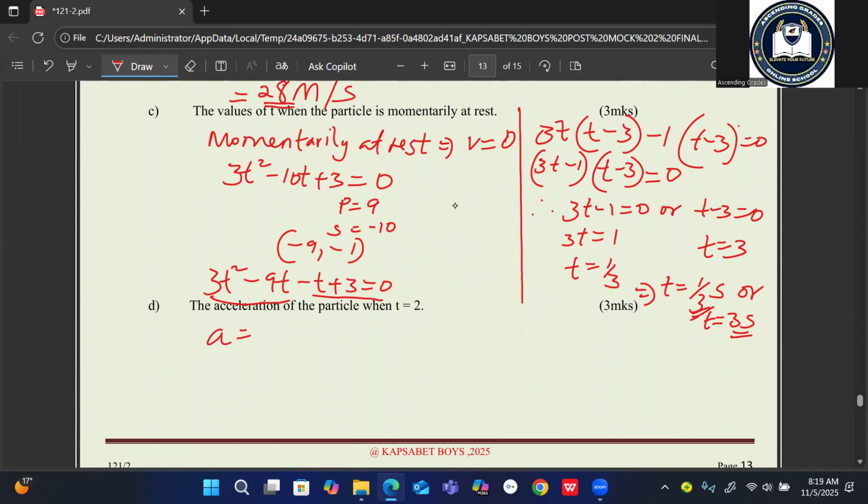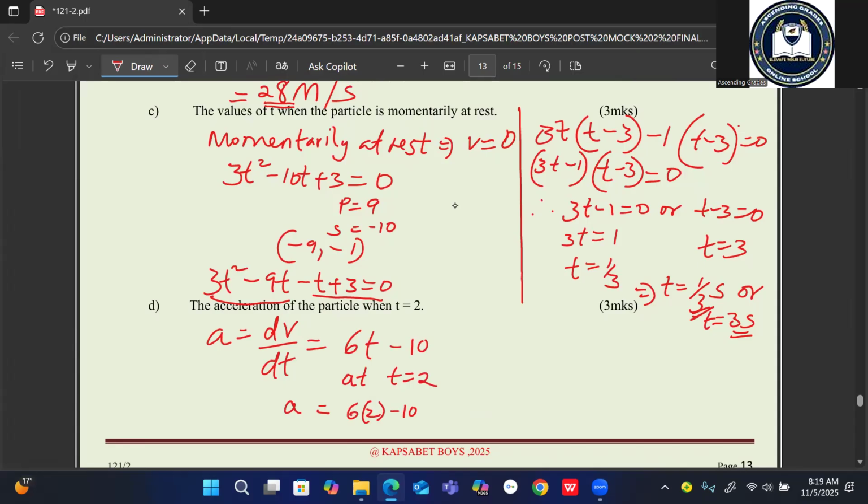Acceleration, we have to differentiate the velocity. So it is dv with respect to t, which is equal to, differentiating this one, 6t minus 10. At t equal to 2, acceleration will be equal to 6 times 2 minus 10.